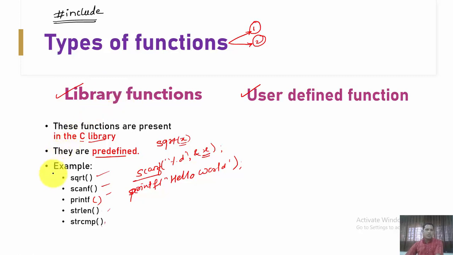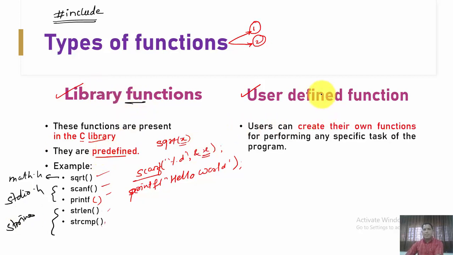To find the square root using sqrt, we are supposed to use the math.h library file. For printf and scanf, it is stdio.h, and for strcmp, it is string.h. In short, to support library functions, we have to include the header files.